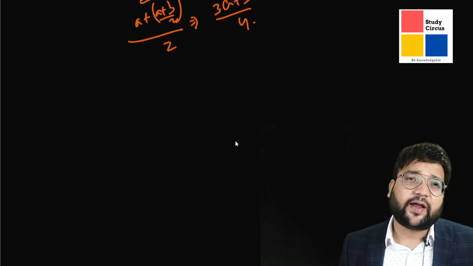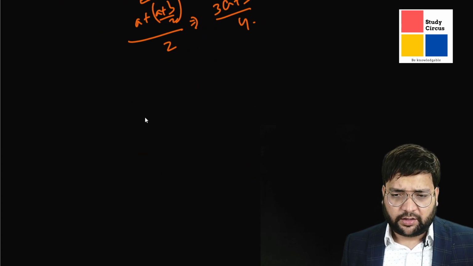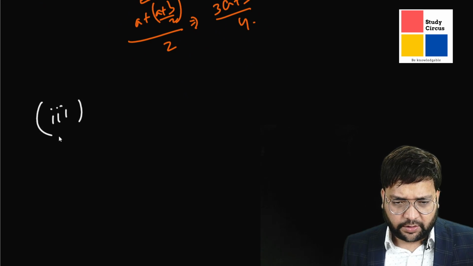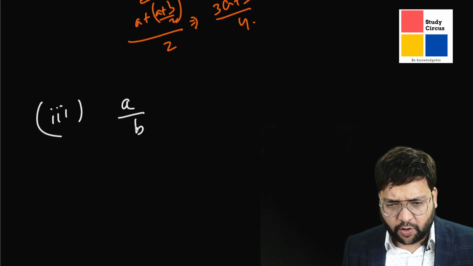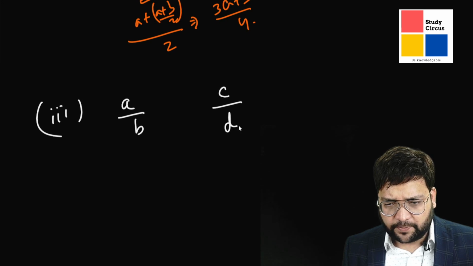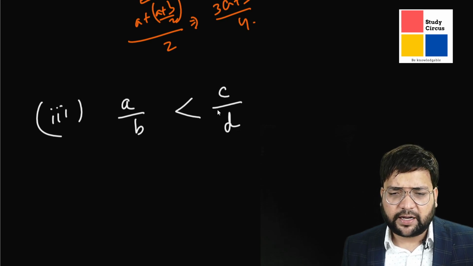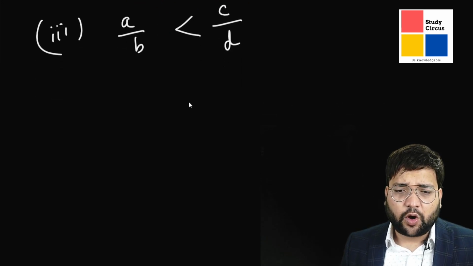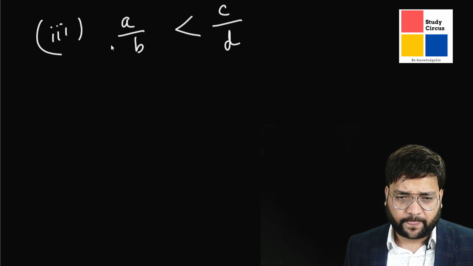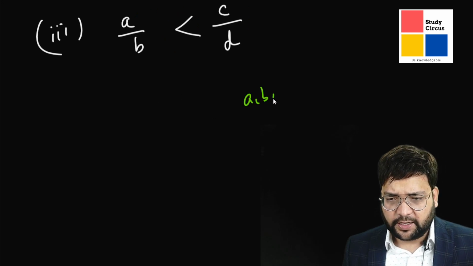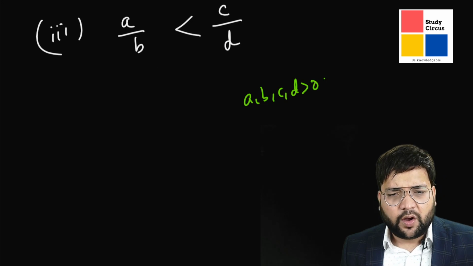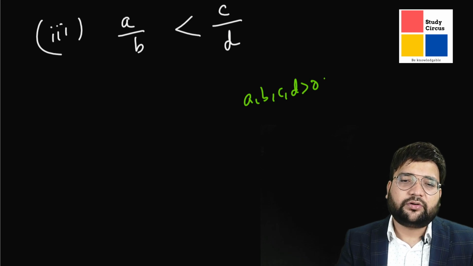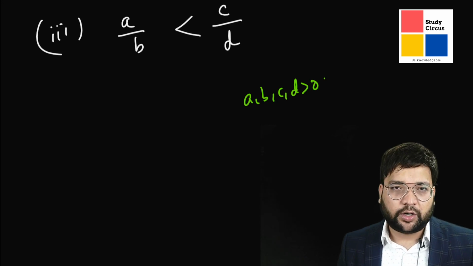Another method of finding numbers between two given rational numbers. So let's say there is a rational number a upon b, and let's say another is c upon d, and let's say c by d is more than a by b. So if a, b, c, d, all the four are positive, of course, if they are negative also, we can find out at least the magnitude, that which number is more in magnitude, and then we can manipulate accordingly for the sign.